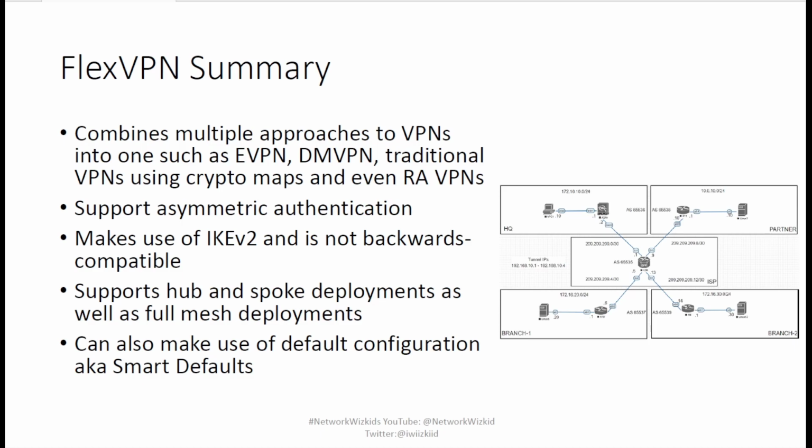And just like if you've watched some of my previous VPN configuration videos, we can also leverage the default configuration, or what we call smart defaults. This really helps us minimize the amount of configuration we have to do when setting up FlexVPN.